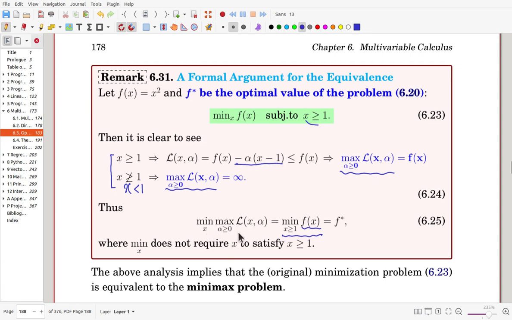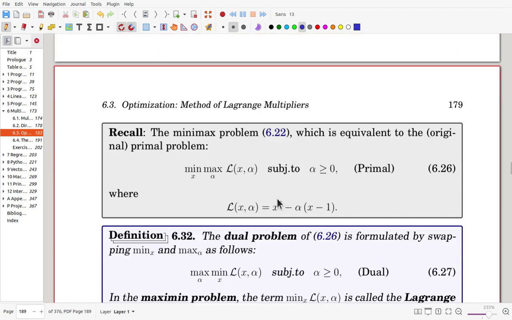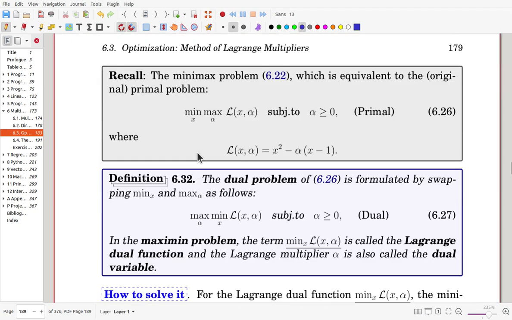However, this minimax problem is equivalent to the original problem. Okay, here the minimax problem is equivalent to the primal problem.